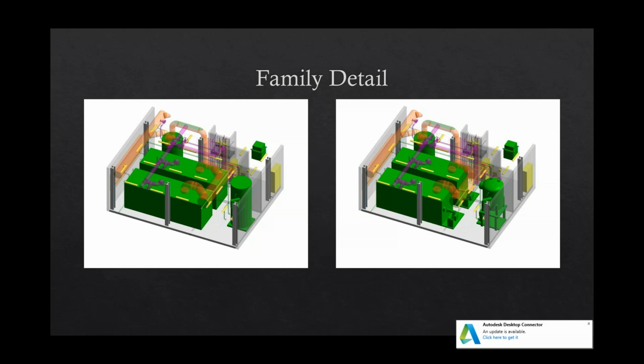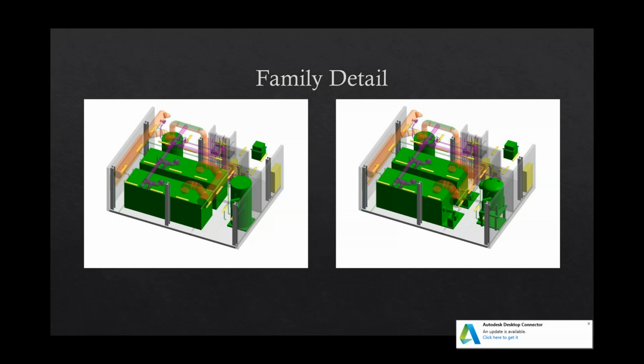One thing towards family detail, again, comes down to how complex you wish to have. This was for a CHP plant that we're working on, where we started with some very simplified versions of the boilers and a hot water tank. Then we said, you know what, we think the client is really going to want to see how it's all connecting.